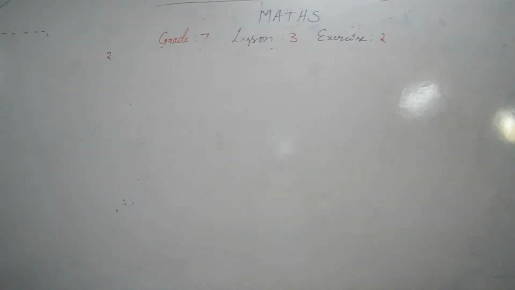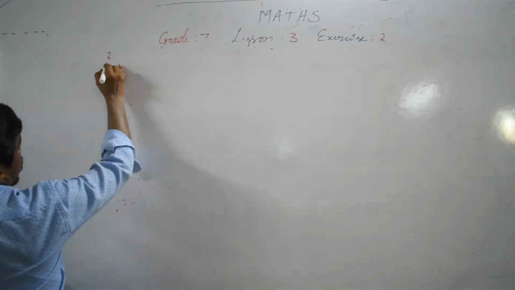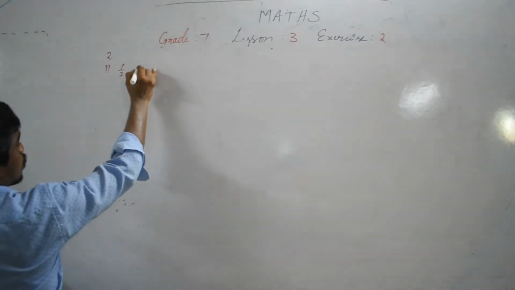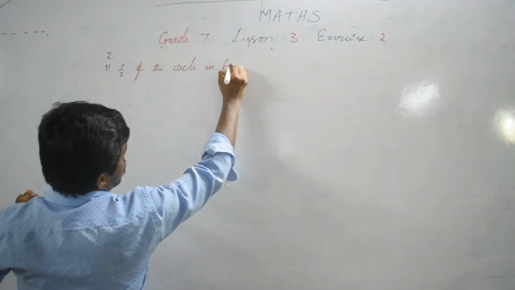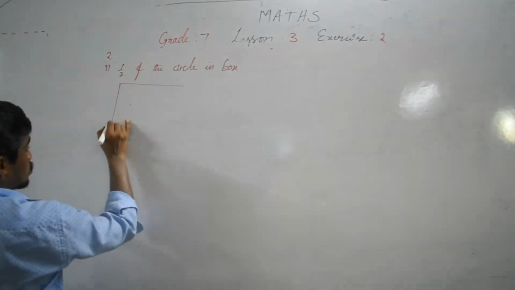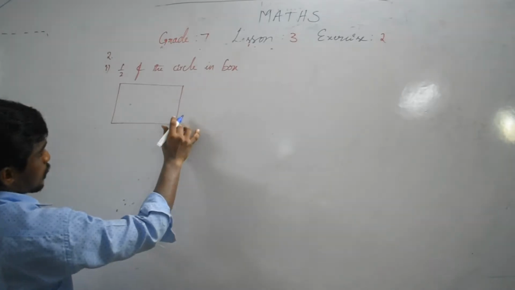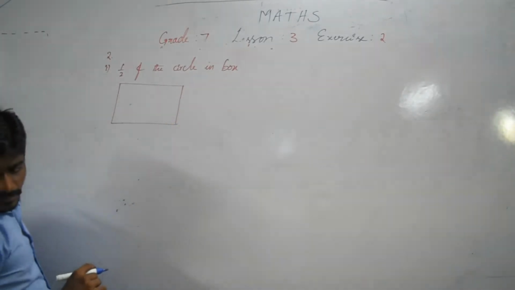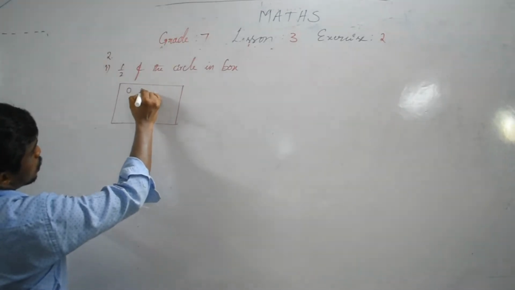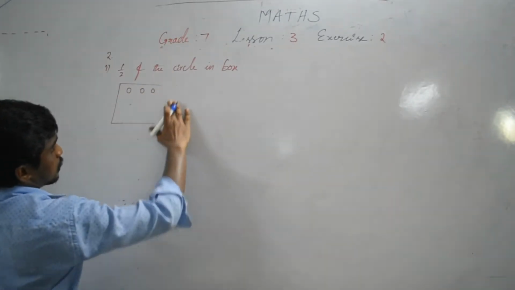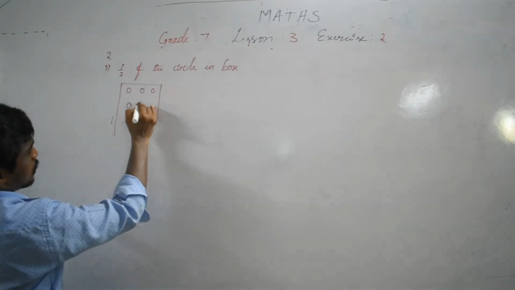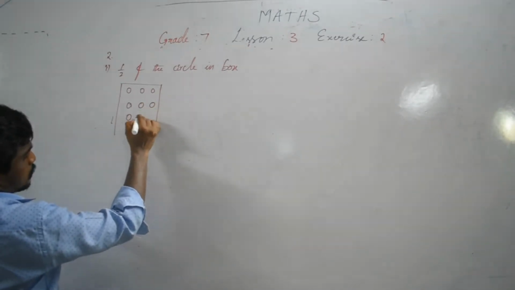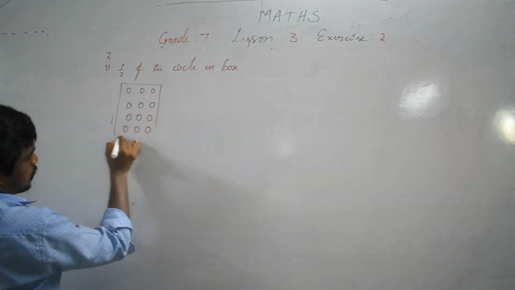Shade 1/2 of the circle in the box. So they are given one box with 3 rows, 1, 2, 3.